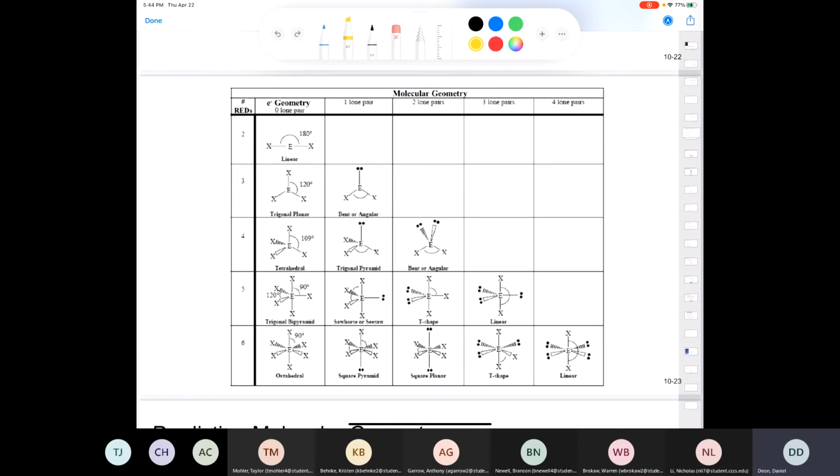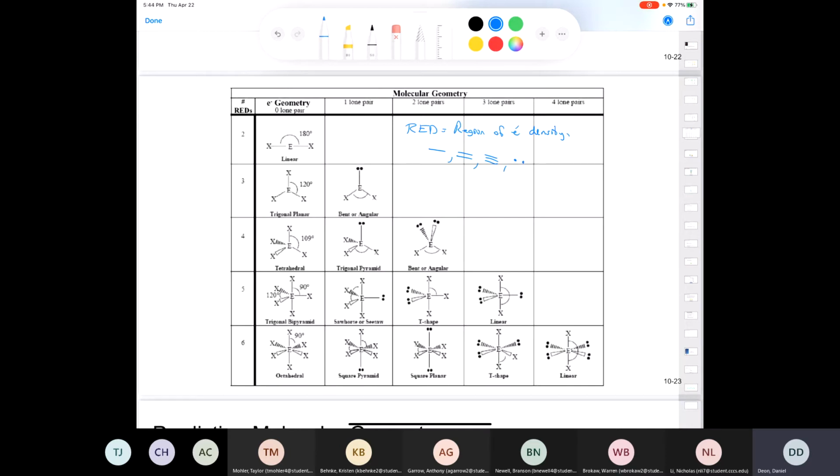I just want to cover with you what RED means. RED, R-E-D, means region of electron density. A RED can be a single bond, a double bond, a triple bond, or a lone pair. It can also be a radical, but we're not going to look at a lot of radicals.